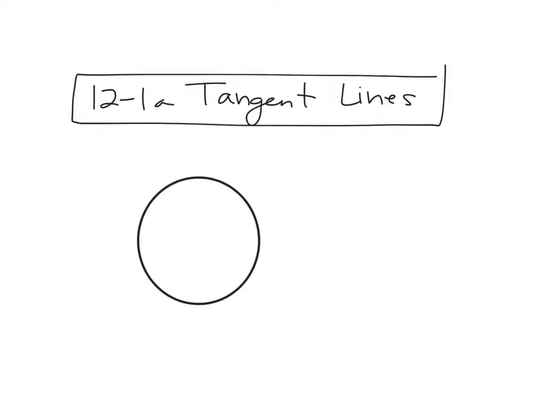So I'm going to give you an example of a tangent line. In order for a line to be tangent to a circle, it has to go through exactly one point on the circle. So that's not the best. Let's try again.